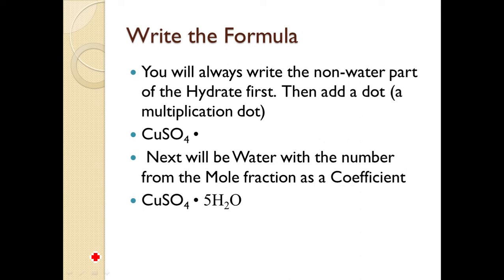Once you have done that, your formula is finished, and all that's left is to name the hydrate, which is copper 2 sulfate pentahydrate. Remember, your number prefixes from the covalent compounds chapter will apply to all hydrates. The number in front of H2O will be given that number prefix to determine the full name of the hydrate.